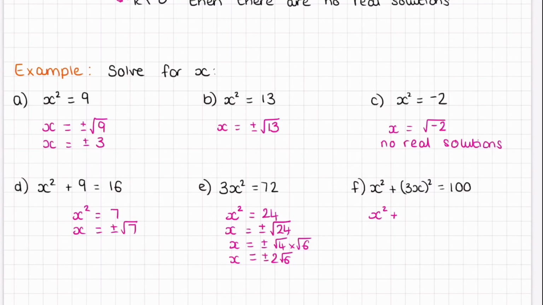Remember, everything in the bracket has to be squared, so it's going to be 9x squared. x squared plus 9x squared, they're like terms, so it would be 10x squared equals 100. Now we just rearrange, so divide both sides by 10, and then we can do the square root. So it'd be x equals plus or minus the square root of 10. And we can't simplify that, so that is our answer.